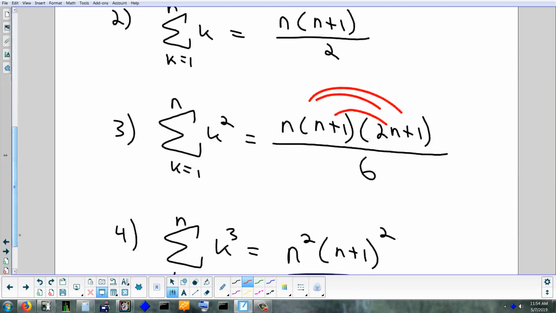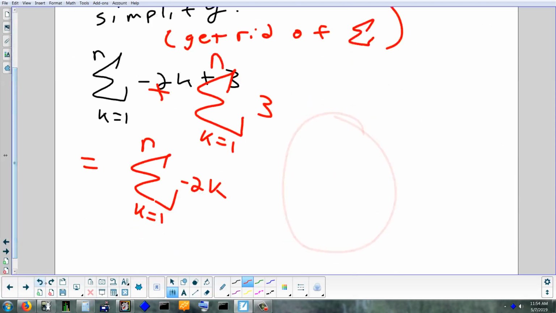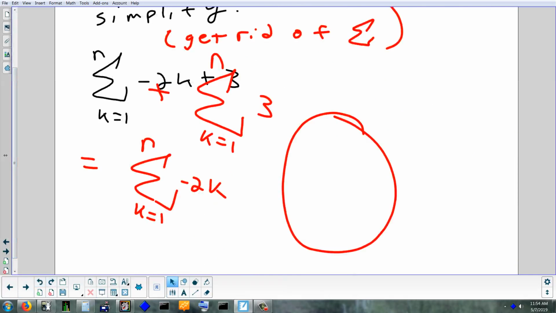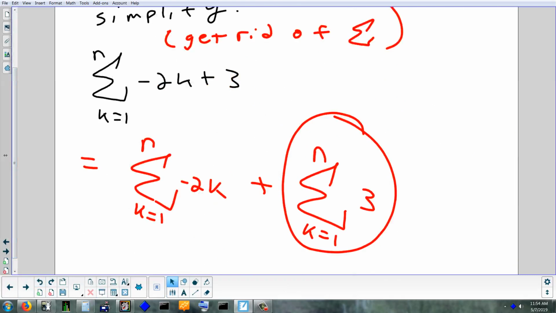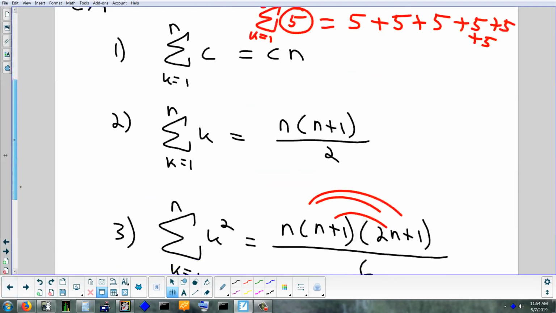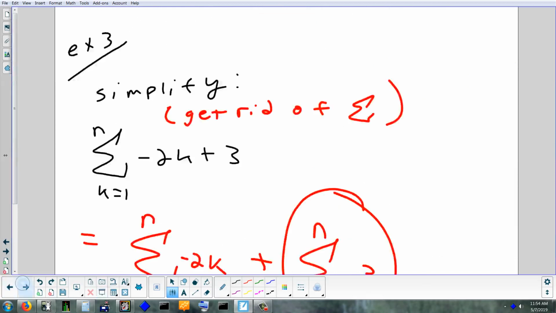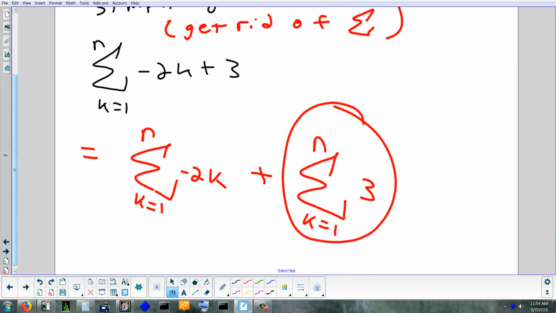Now, let's go back here. Okay, I'll just drag that back where it goes. There we go. Now, this one, not quite. If we just had a k there, the sum from k equals 1 to n of k, I've got a formula for that right here. But I've got this negative 2 messing me up.